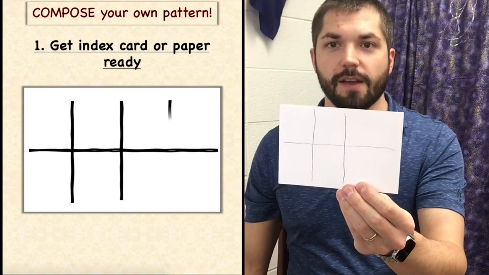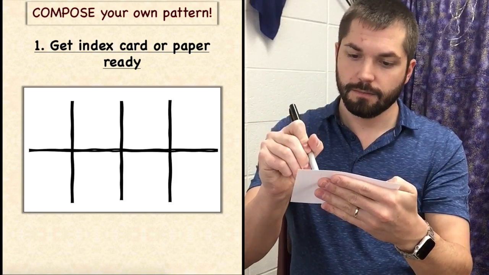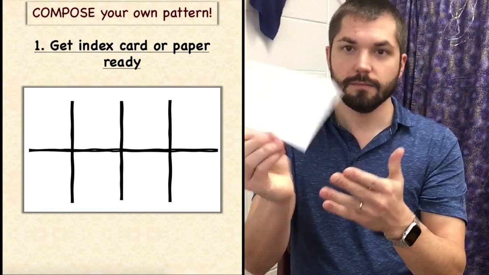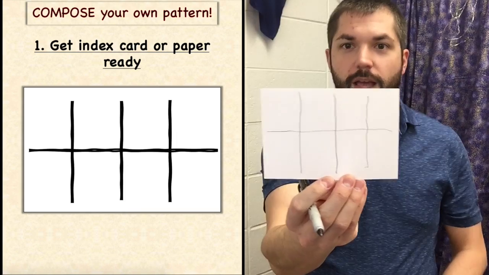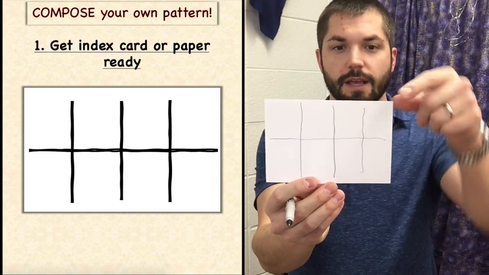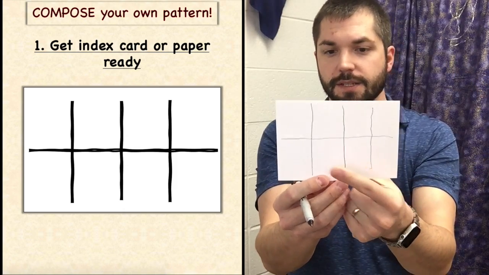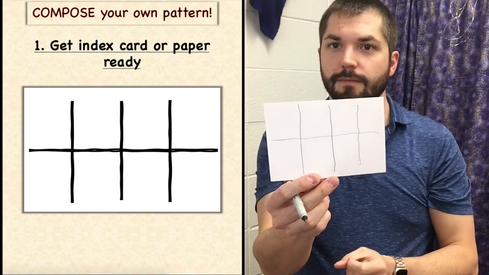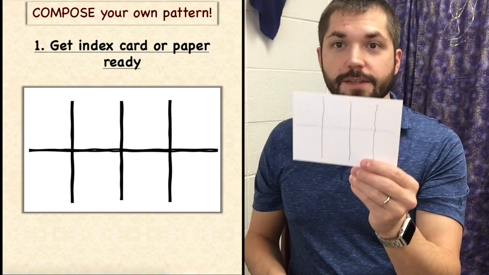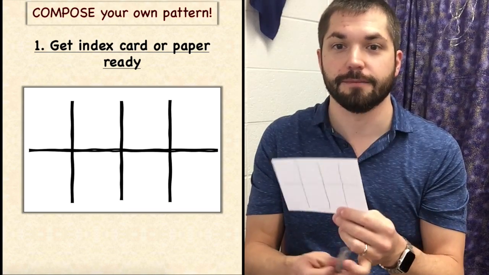Okay, and then we got to divide the other side the same. There we go. If you draw all those lines, you should have 8 boxes. 1, 2, 3, 4, 5, 6, 7, 8. Okay, our card is ready for our composing today, and we're going to get to compose our own pattern.